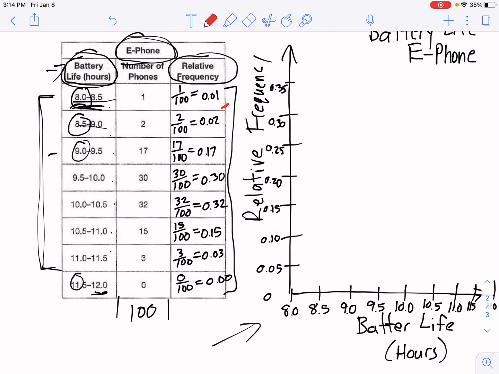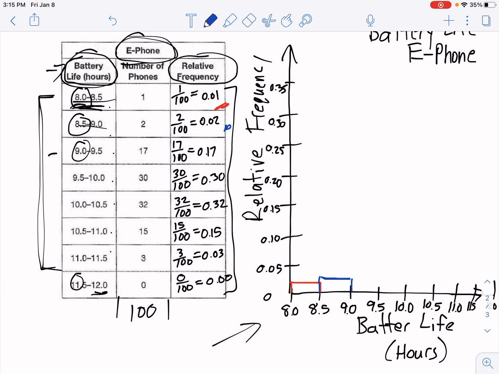So from 8 to 8.5, we're at 1%. So we're going to find where it would be about 1% in our graph, which looks maybe like here, and we're going to create a bar, maybe just slightly lower actually. There we go. A bar to represent that's 1%. It might actually be even slightly lower, but I'm just kind of running out of space here. Then the next one, from 8.5 to 9, it looks like 2%, so just maybe slightly higher.